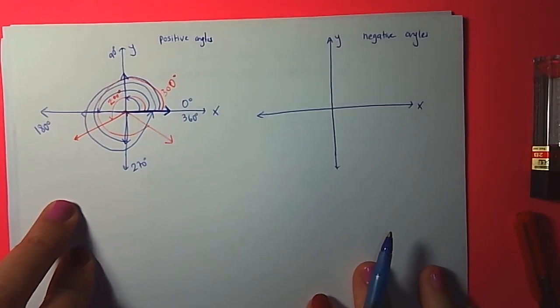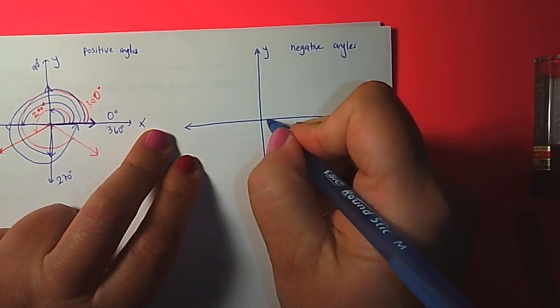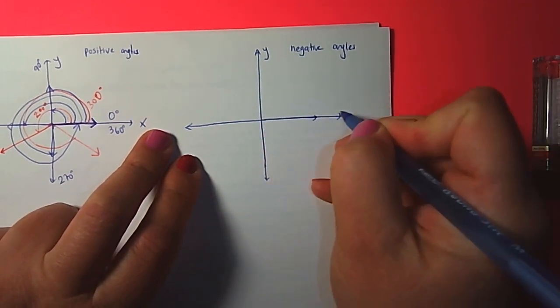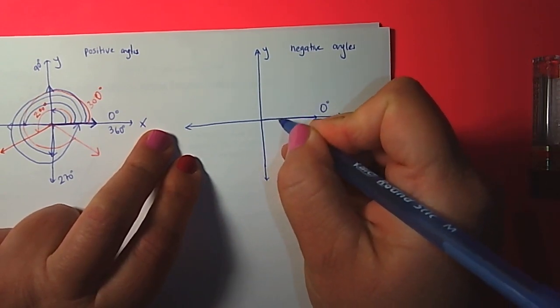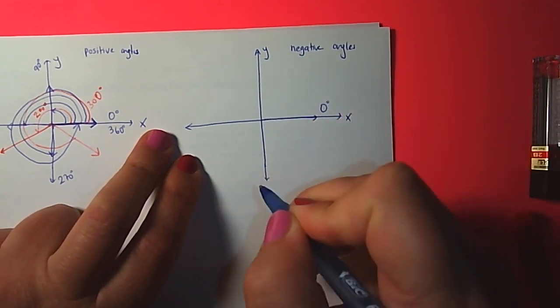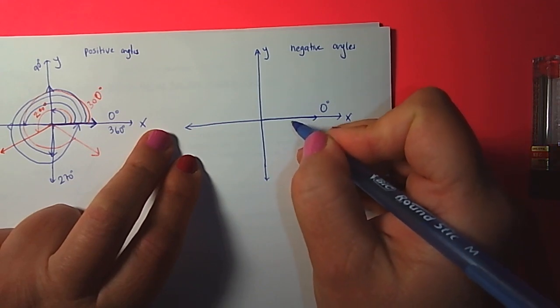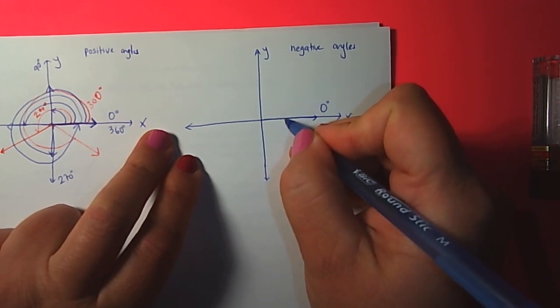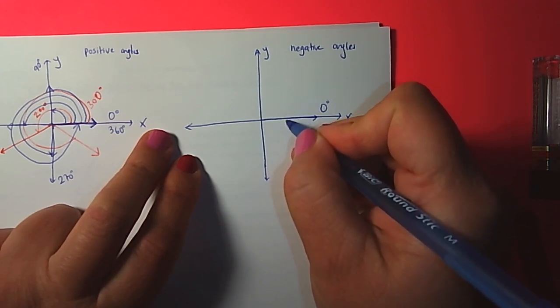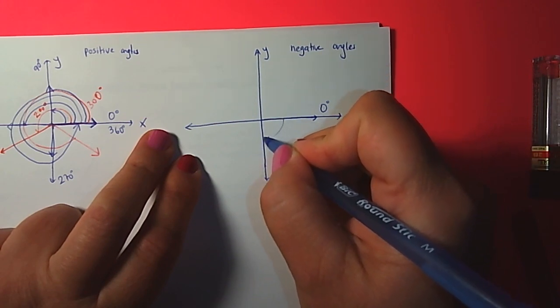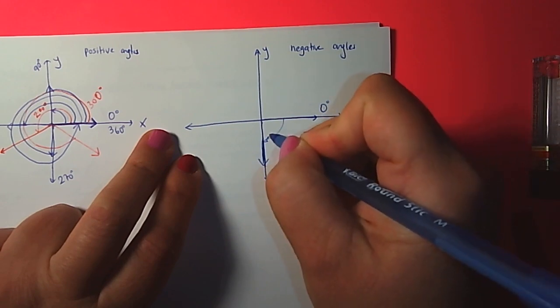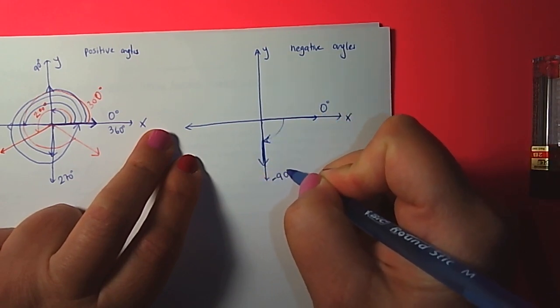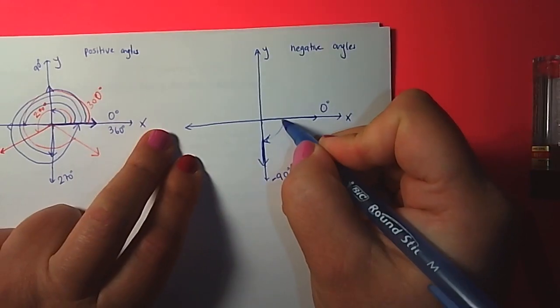Let's look at some negative angles. So again, we put our initial arm on the positive x-axis. So 0 degree is here again, where the terminal arm is also on the positive x-axis. Going in the negative direction, or clockwise direction, if the terminal arm is located on the negative y-axis, then we have negative 90 degree.